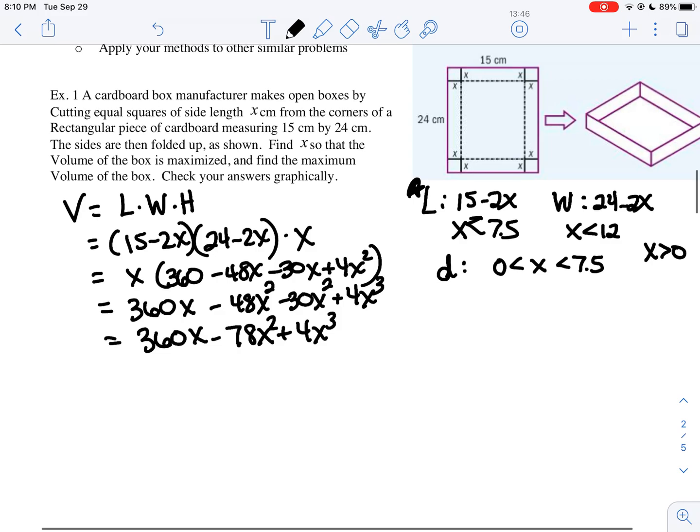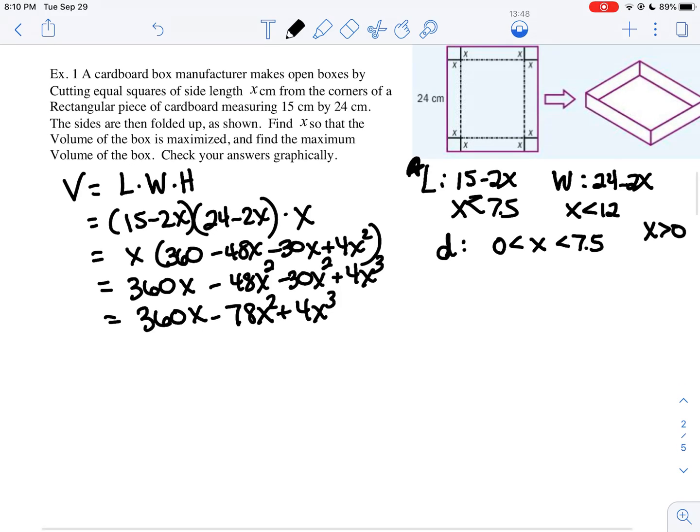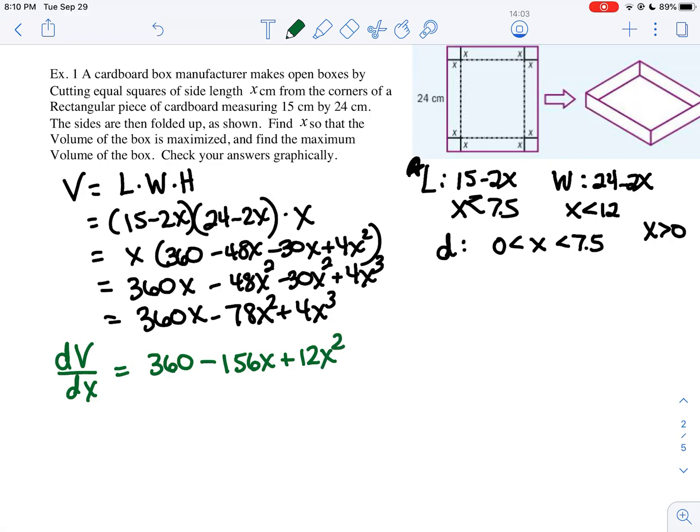Okay, so now if I want to maximize this, then I want dV with respect to x. So it's going to be 360 minus 156x plus 12x squared. Let me set that equal to 0, and it looks like I have a GCF of 12.